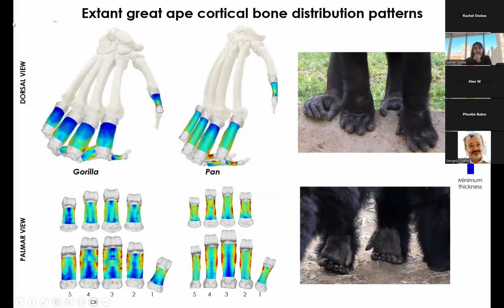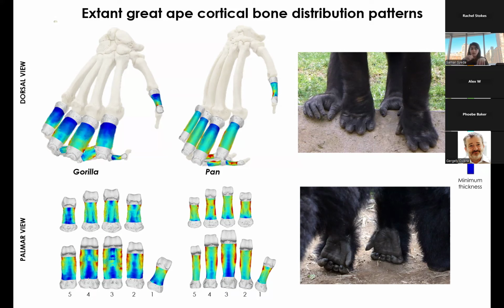For the African apes, we again see a similar pattern of thick cortical bone on the flexor sheath ridges, but in a varying manner for gorillas and chimpanzees, which reflects their different behaviors. With knuckle walking, your hand is in a flexed position and is being loaded palmarly, but with the body weight on top of the fingers this time, compared to orangutans, which have the body weight below the fingers.